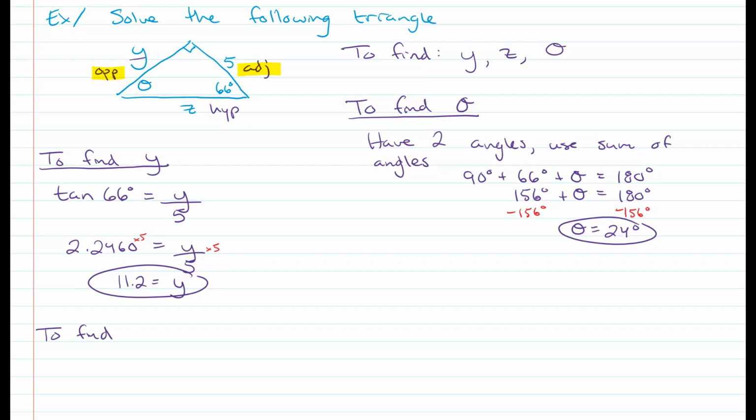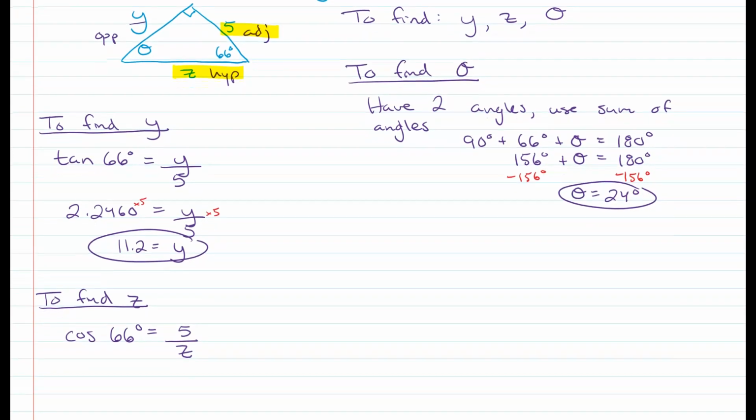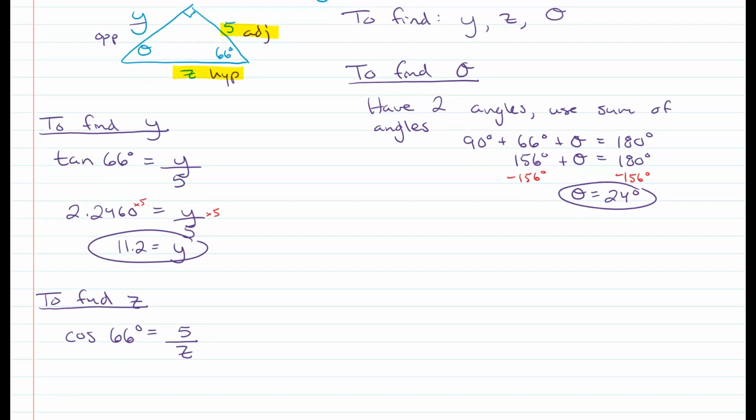Now I want to find z. The labeling doesn't have to change because I still only know the 66 degrees for certain. So opposite, adjacent, and hypotenuse stay the same. But since this time I care about the hypotenuse and I have the adjacent, I'm going to use cosine. So find cos 66 on my calculator.